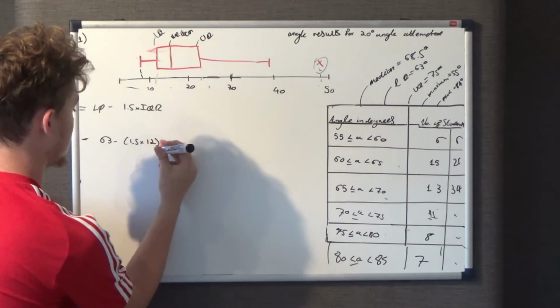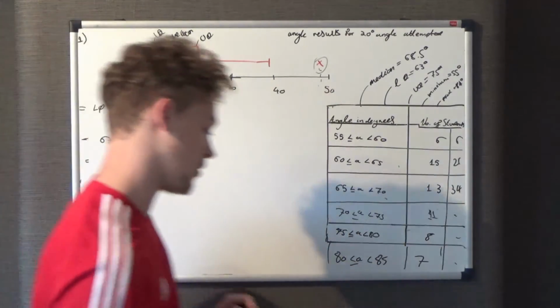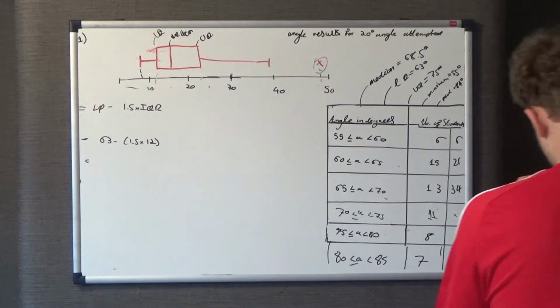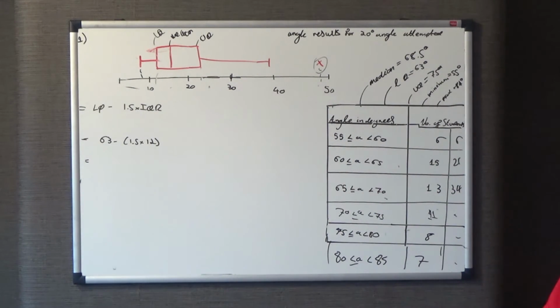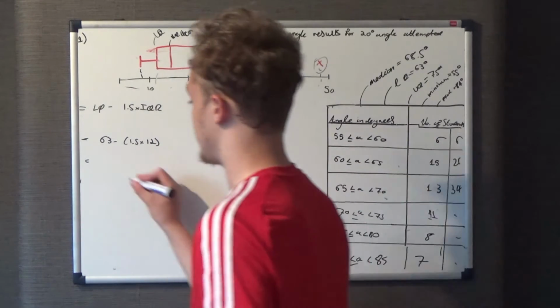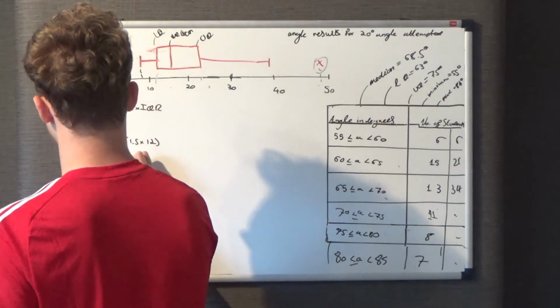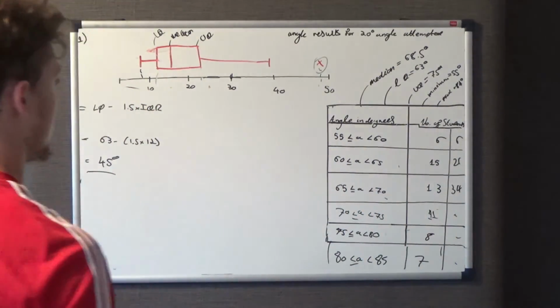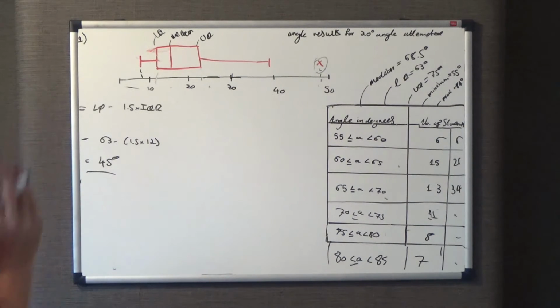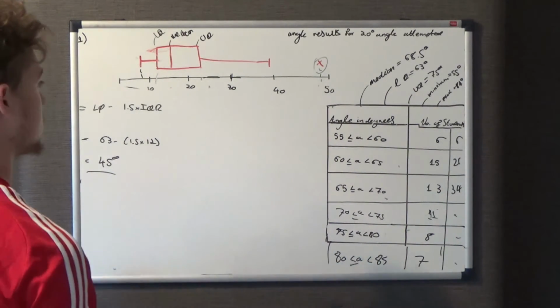So it's 63 take 1.5 times 12, which is 63 take 18, which is 45 degrees. So anything less than 45 degrees would be a lower outlier, but our minimum value that we recorded was 55 degrees, so there are no outliers on the lower side.